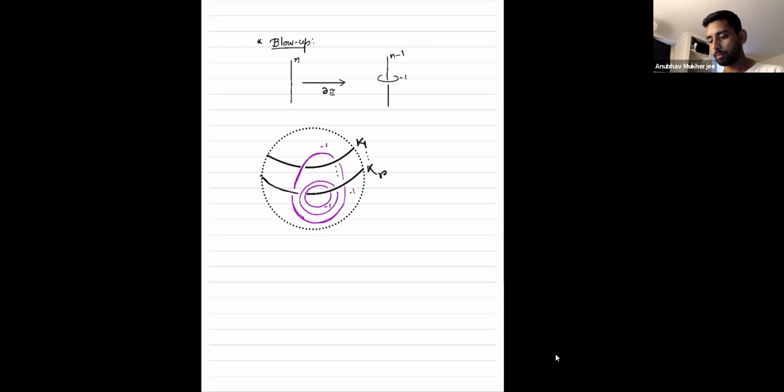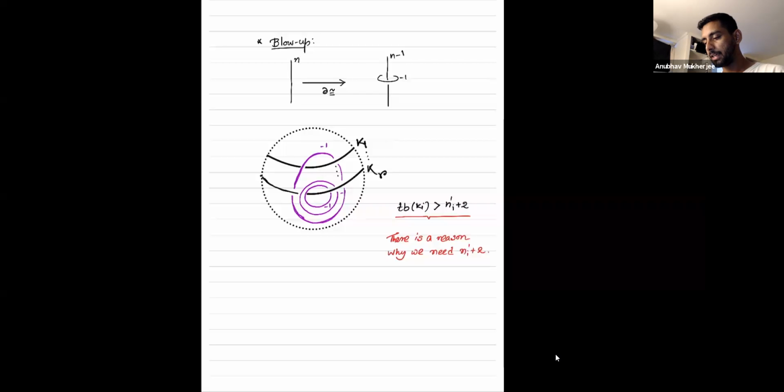In particular, I can blow up as many times as I want, so that I have the following inequality: now the Thurston-Bennikin number of these knots is strictly bigger than the new coefficient +2. The reason I'm taking this +2 here has a particular meaning, and I'll come to that later. But notice that I can always get this particular picture, where these are all unknots, kind of in a stack, and the Ki knots now have the good coefficient.